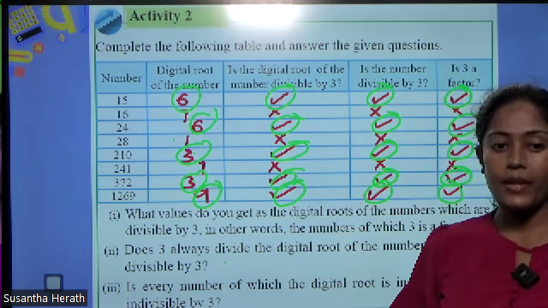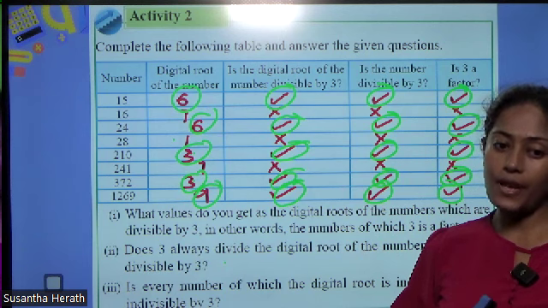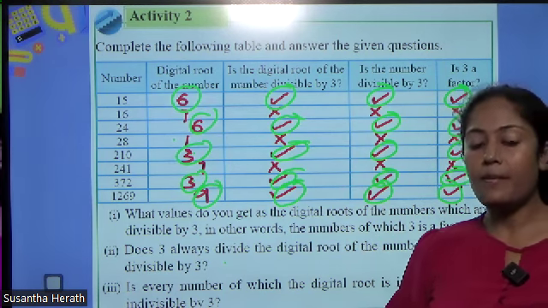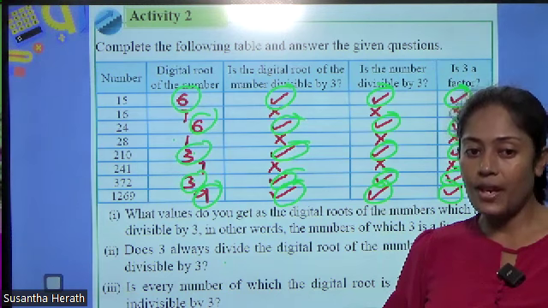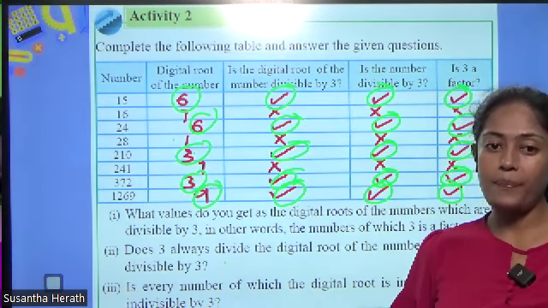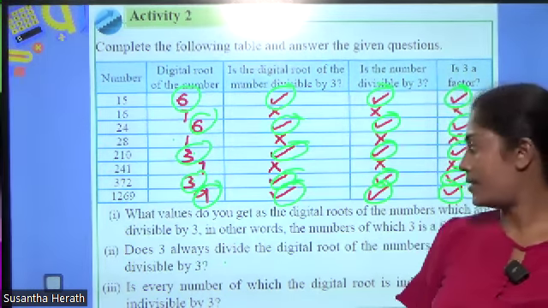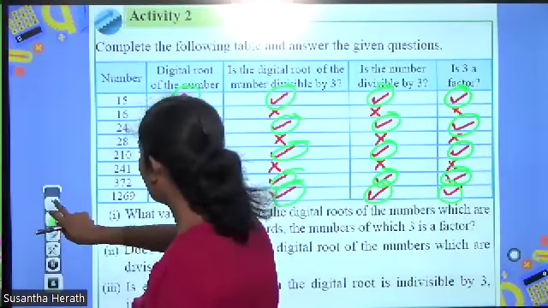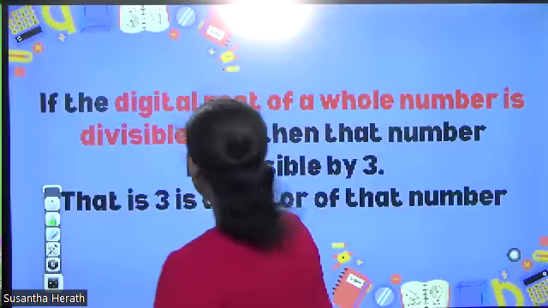So, what is the final conclusion we can come to? If the digital root of a number is divisible by 3, then we can divide that number by 3 without a remainder. Got the idea? Shall we note that down also?